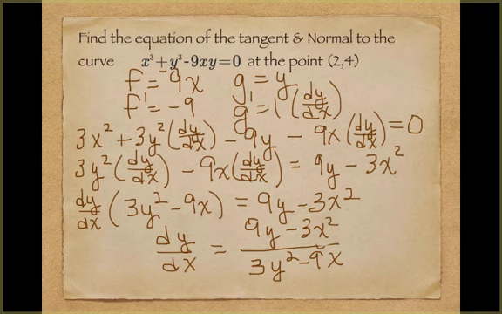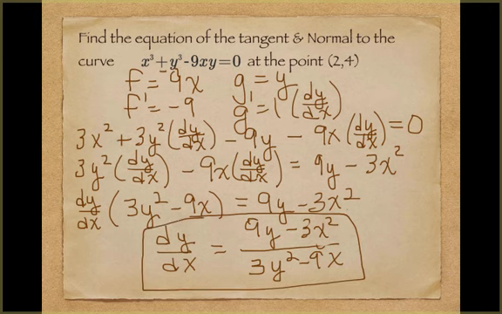Okay, so this term here is our derivative. We're going to have to plug in the point 2, 4 in order to find the slope of the tangent line, to be able to write that line.